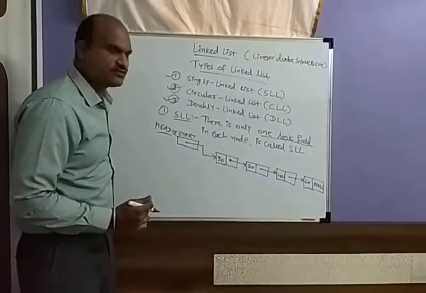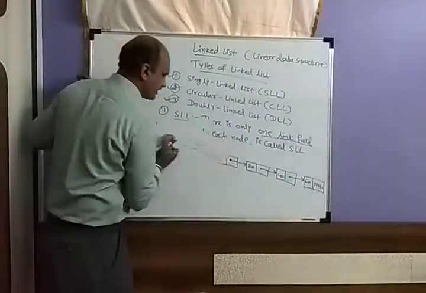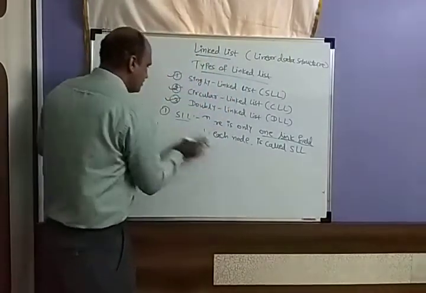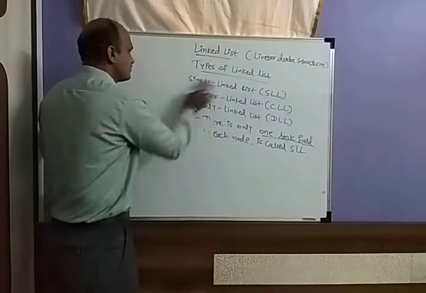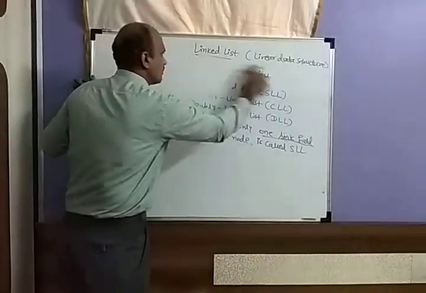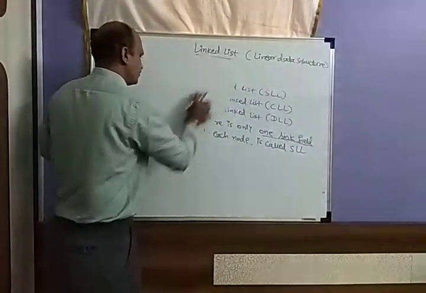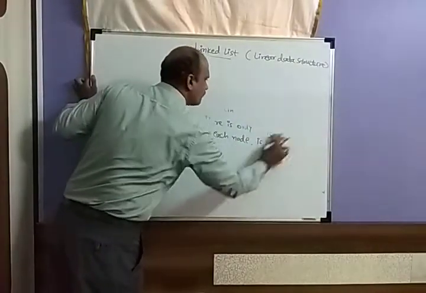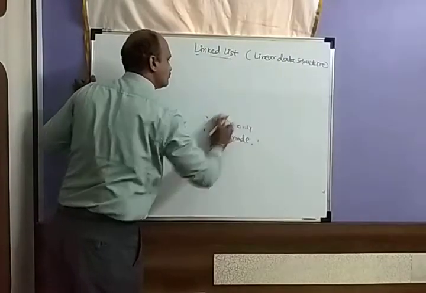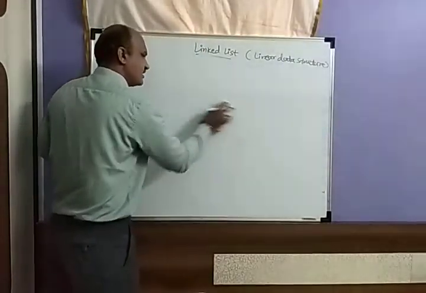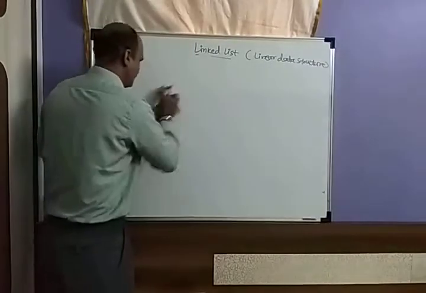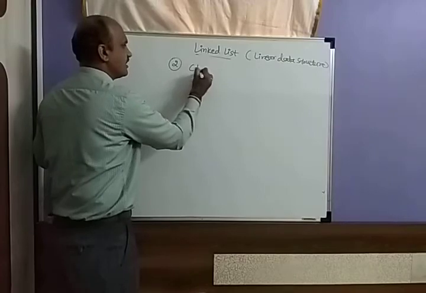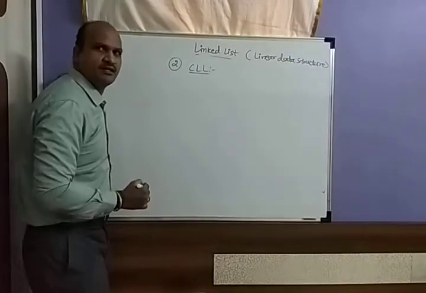Next, the second one is the circular linked list. As we discussed with the circular queue, it works the same as the queue, but here we have to create a number of nodes, which contain the data and also the link. That is the second one, CLL, the circular linked list.